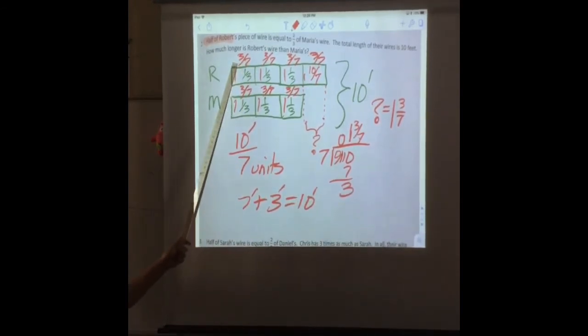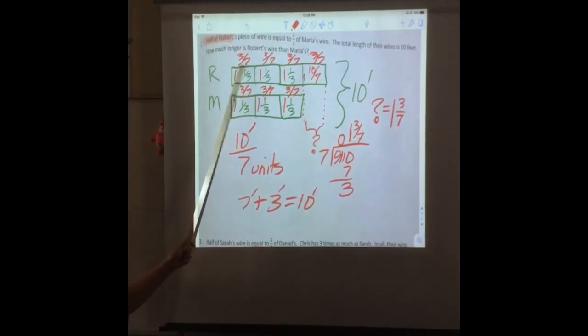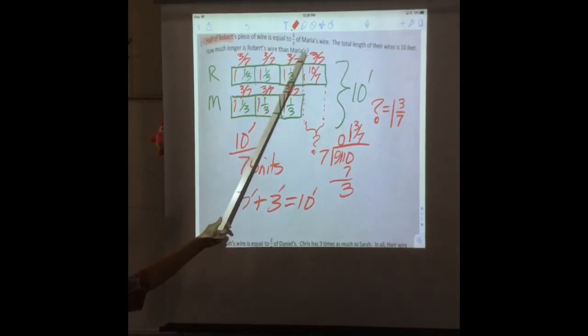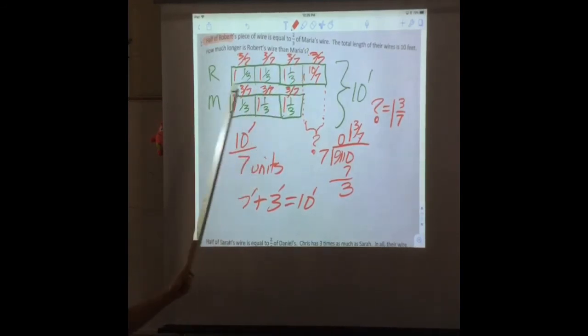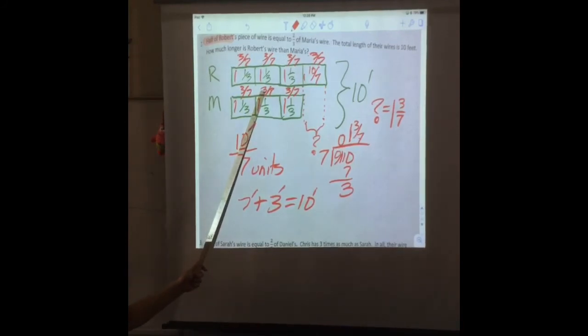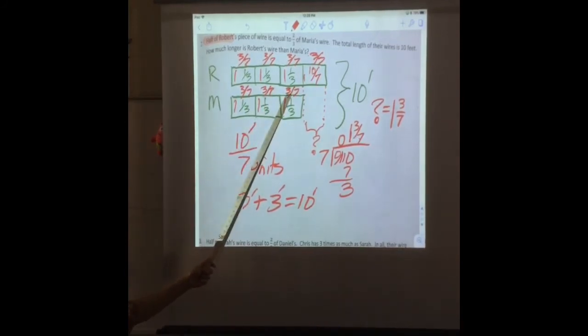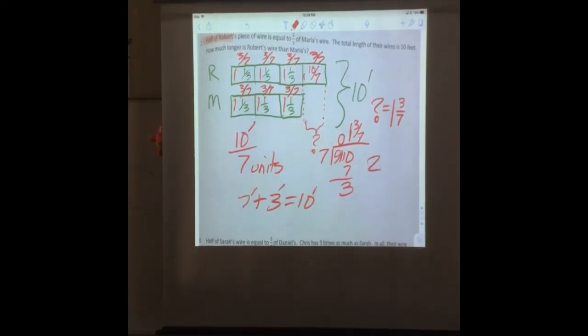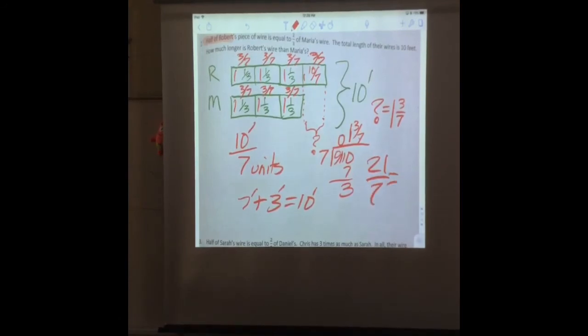now we can count the 3's, right? 3, 6, 9, 12, 15, plus 3, 18, and 21, right? So we have 21/7. How many 7s are in 21? 3.